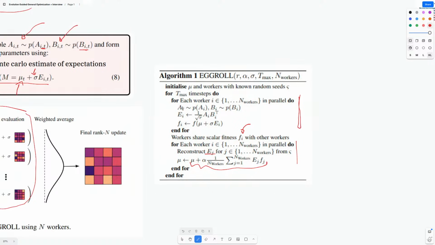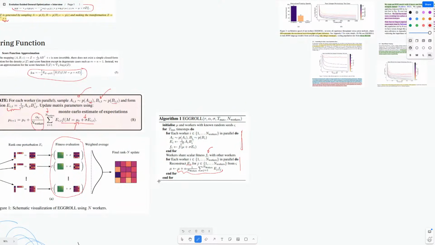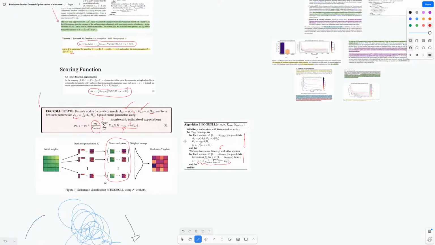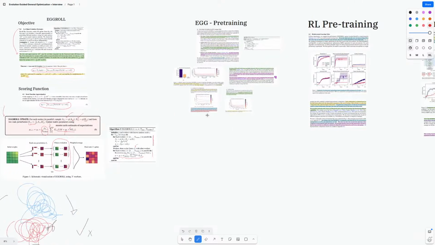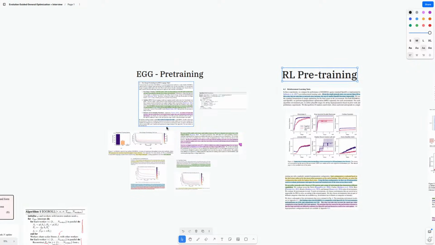And then this is one time step, and you continue doing this again and again. You stop, you do another run of that, you reconstruct E, and then you just run again and again per time step. And this is actually very, very performant. So we can look at the three main experiments, and after that we're going to be able to chat with our guy.